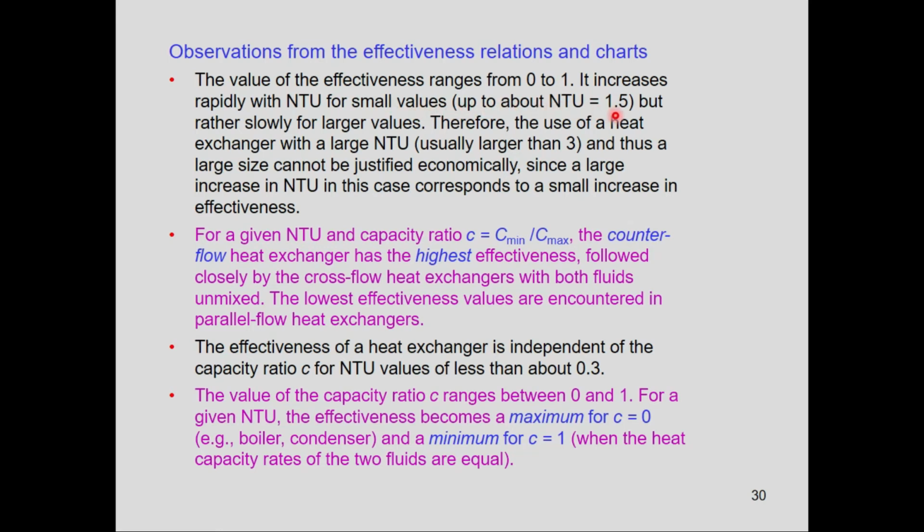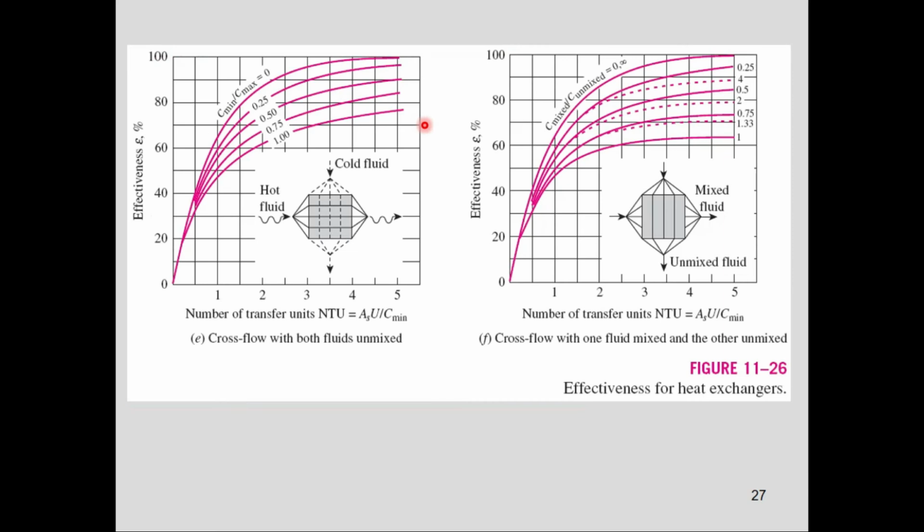What does it mean? When you increase the value of NTU from 0, 0.1, 0.2, 0.3, 0.4 up to 1.5, the effectiveness increases rapidly, but rather slowly for the large values. Let me show you over here. This is the NTU.